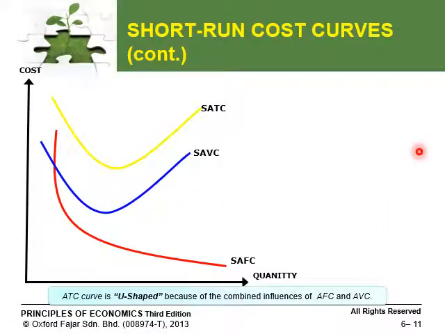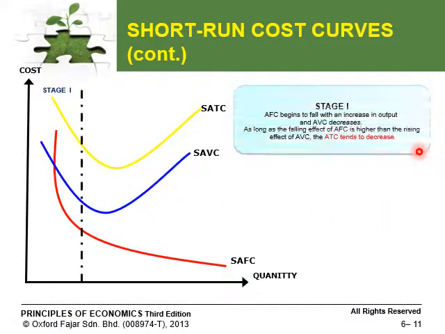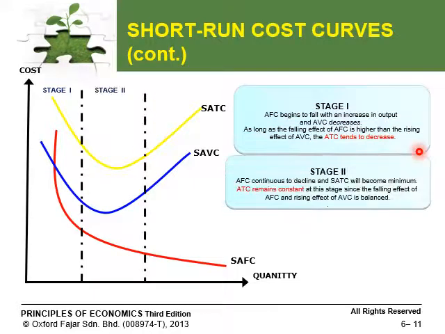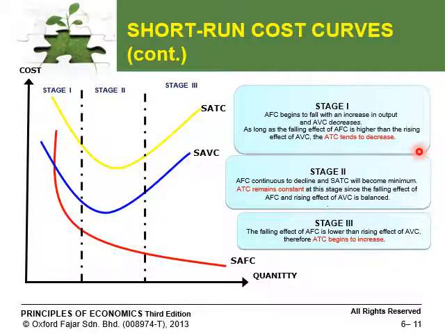Okay, this graph illustrates the three stages of the short run cost curve. What happened in every stage of the short run cost curve? All right, in stage one, if you see, all the curves are going down, indicating a decrease in the amount of costs.